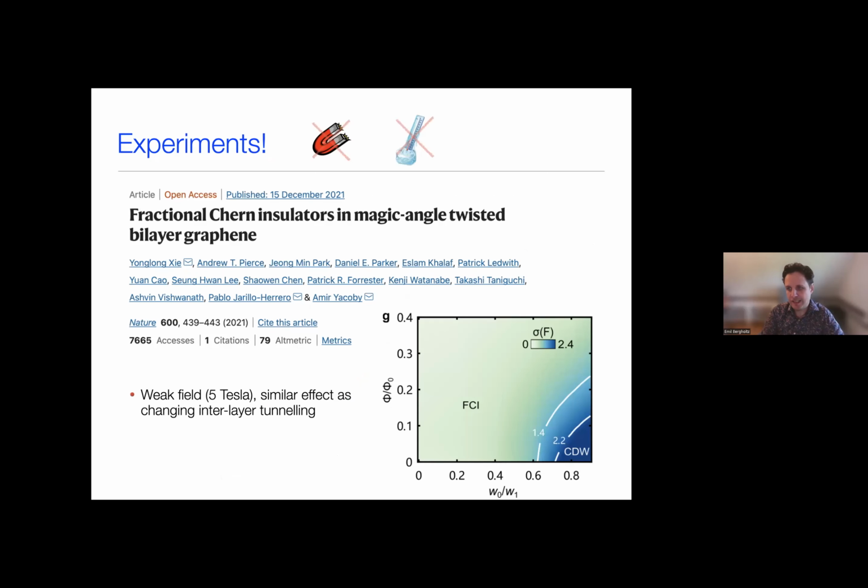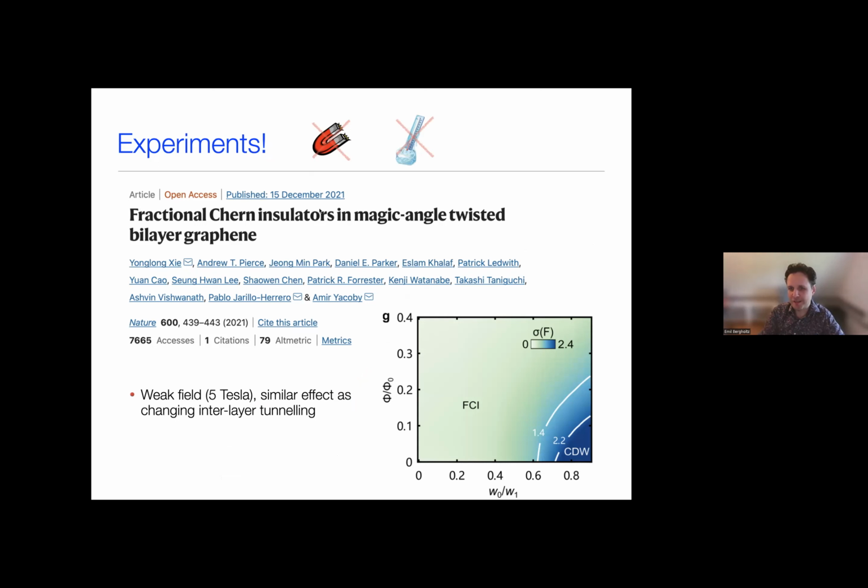And last year, in fact, published 15th of December, and I think the preprint was out in July, by the Harvard and MIT groups, there were experiments finding fractional Chern insulators in magic angle twisted bilayer graphene.